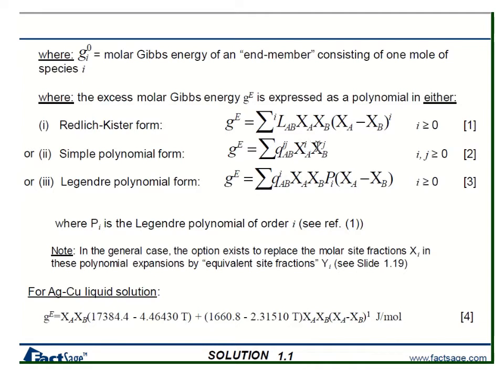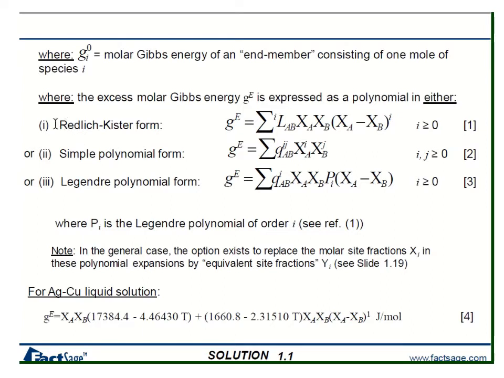Of course, in this case, i and j should both be at least 1. We can use this kind of polynomial to describe the interaction energy between the A and B species, and this Q_AB can of course be a function of temperature. This is the simplest polynomial.